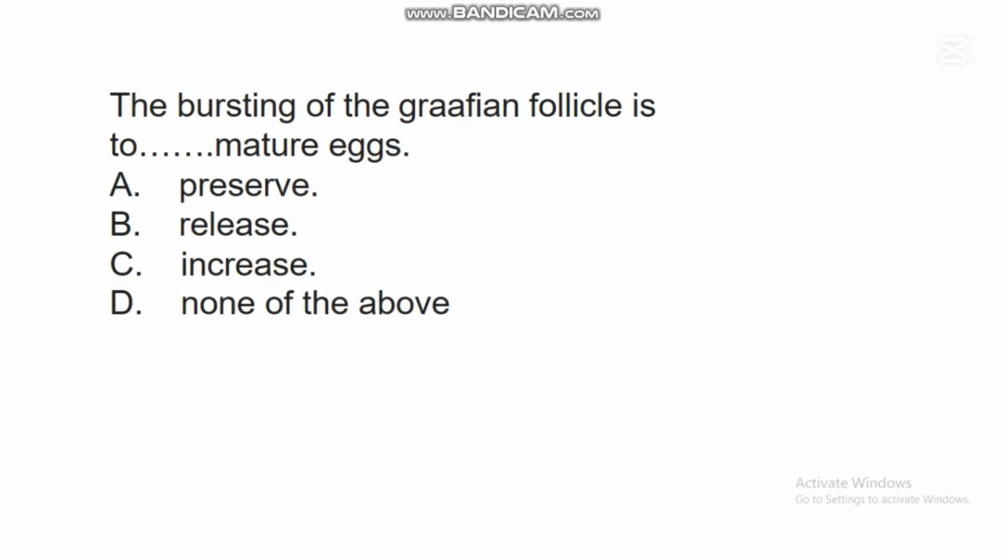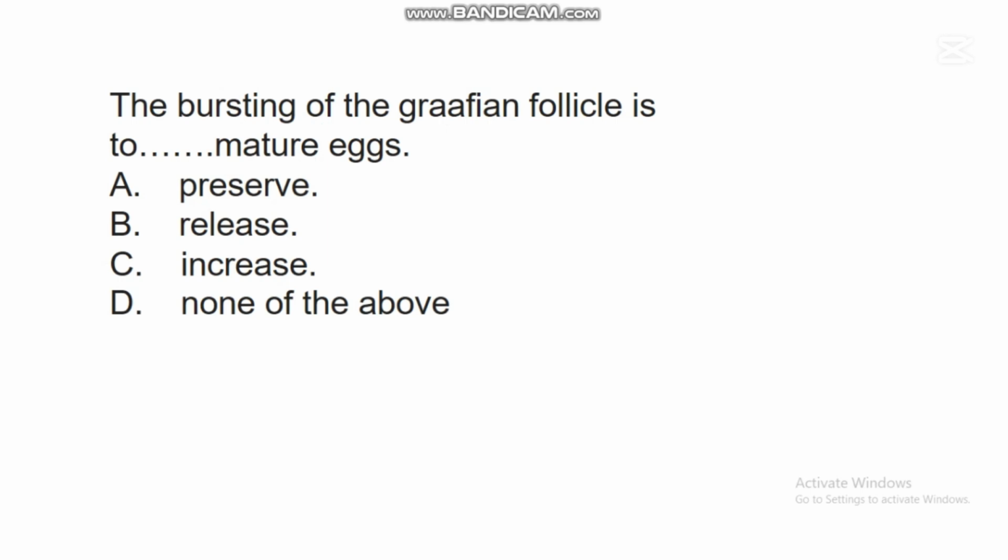The next question says, the bursting of the Graafian follicle is to dash mature eggs. A. To preserve mature eggs. B. To release mature eggs. C. To increase mature eggs. D. None of the above.